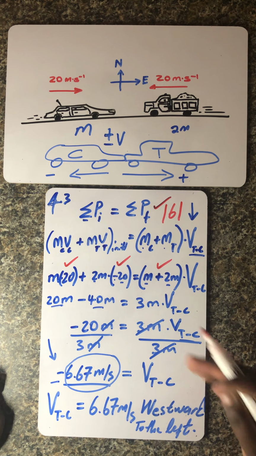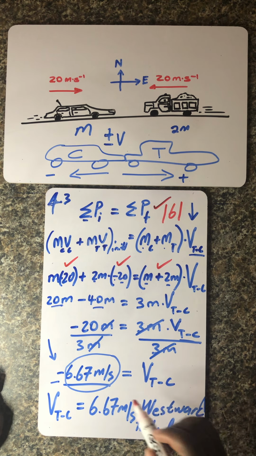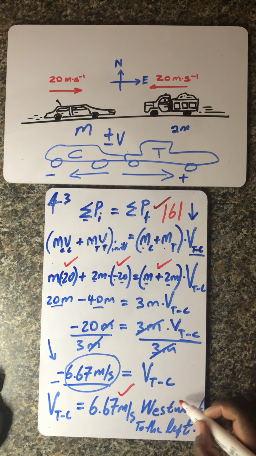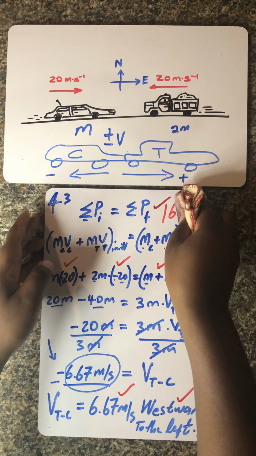So, ladies and gentlemen, this is you following the mathematical procedure. We just give you a mark for your final answer, and again, we give you a mark for indicating the direction. So, ladies and gentlemen, I hope you fully understand what I've done over there. Now we can move to the next question.